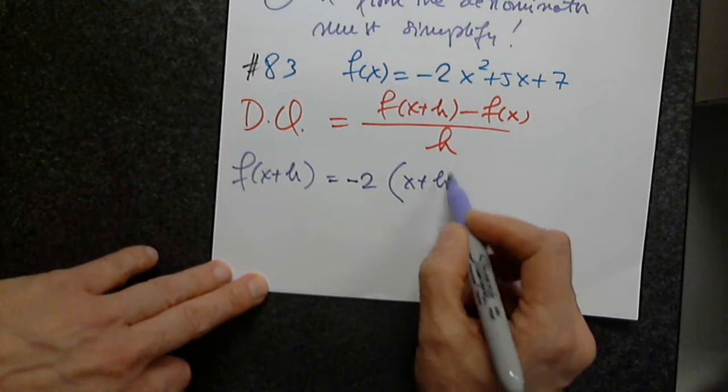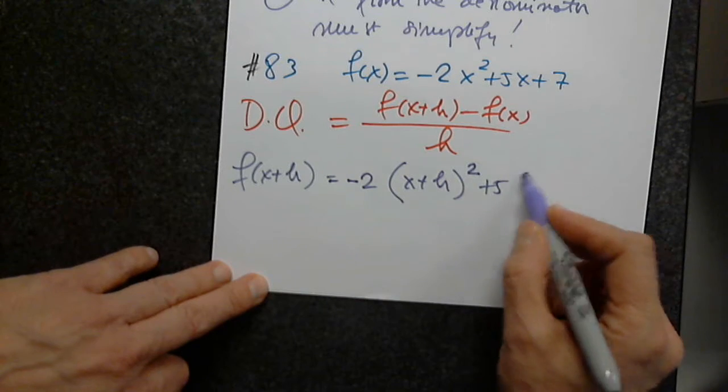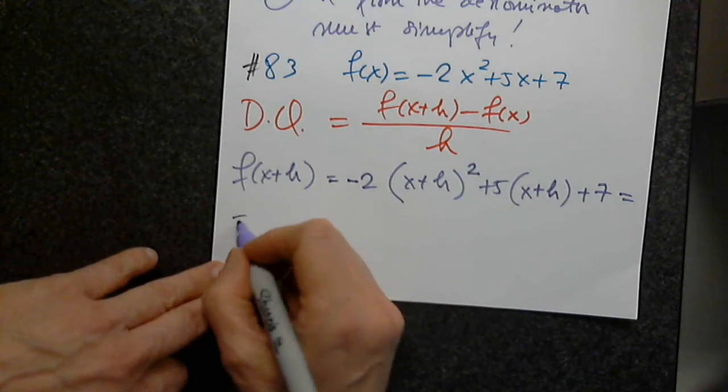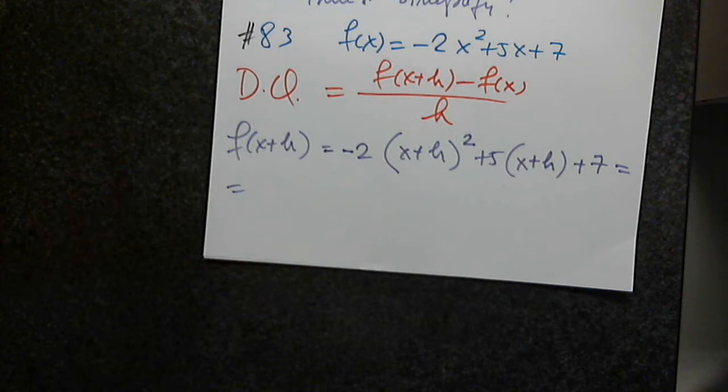Very good. Excellent. Remember, we cannot distribute in the first because there is a power, but we can distribute 5 in the second parenthesis. So first we have to square. So when we square, what do we get?